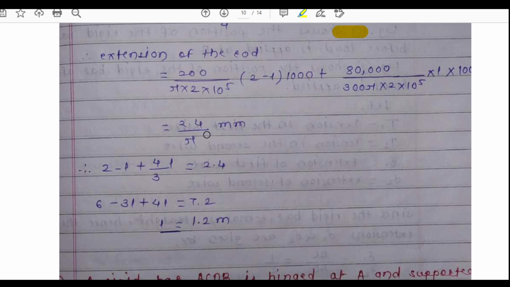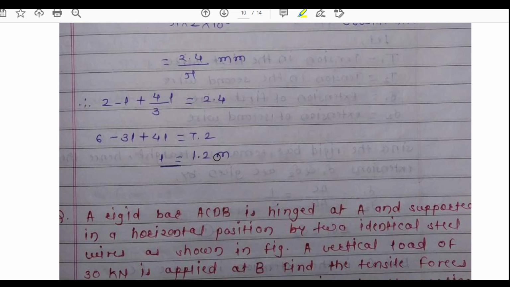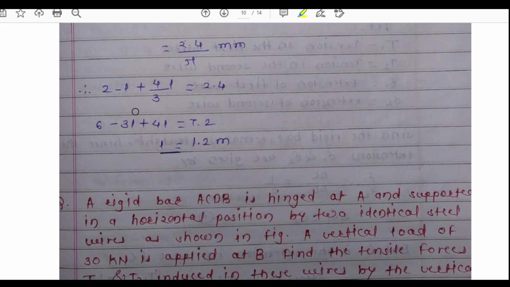This is the simple mathematical calculation. We shift this to the right hand side and equate the denominator, and we get 6 minus 3L plus 4L equals 7.2, so L equals 1.2.